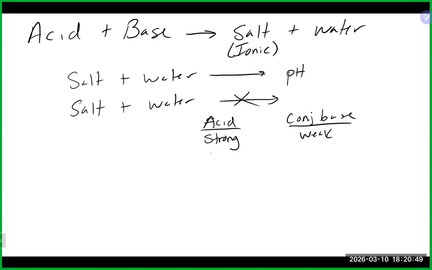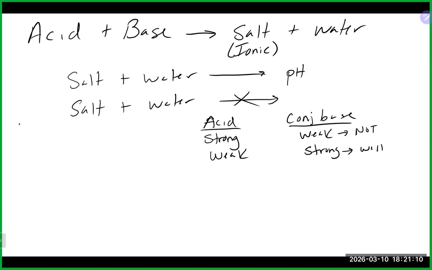If the acid is weak, its conjugate base will be relatively strong. What that means in this context of salts is if it is weak, it will not react with water. If it is strong, it will react with water. So that is what we're talking about here in terms of that relationship.